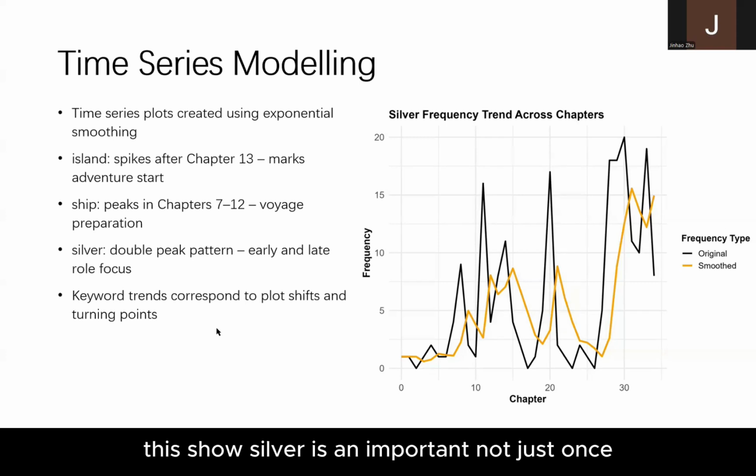This shows Silver is important not just once, but across the entire novel. He changes roles from ally to enemy, making him a complex and central character. And time series modeling allows us to visualize that complexity clearly.